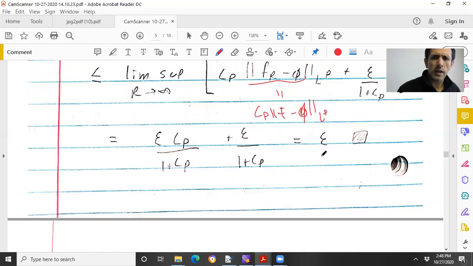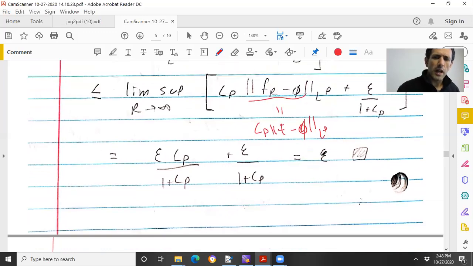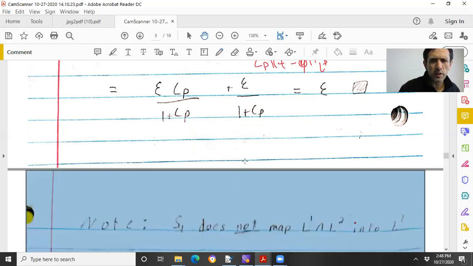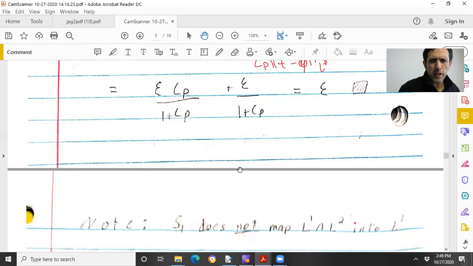Okay, so I will end this video here, and in the next video, I'll discuss an example to show that things are pretty miserable no matter what dimension we're in when p equals 1. In particular, S_1 does not even map L^1 into itself.